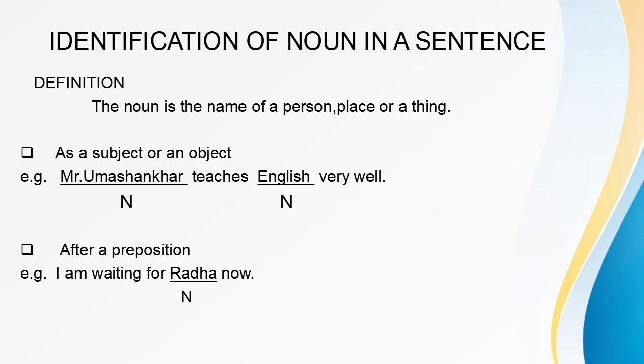So you can easily identify that, my dear students. A noun can function as a subject or an object in a sentence, as well as it can function after a preposition. I hope you have understood these two rules now. And let us go for the third rule now, my dear students.